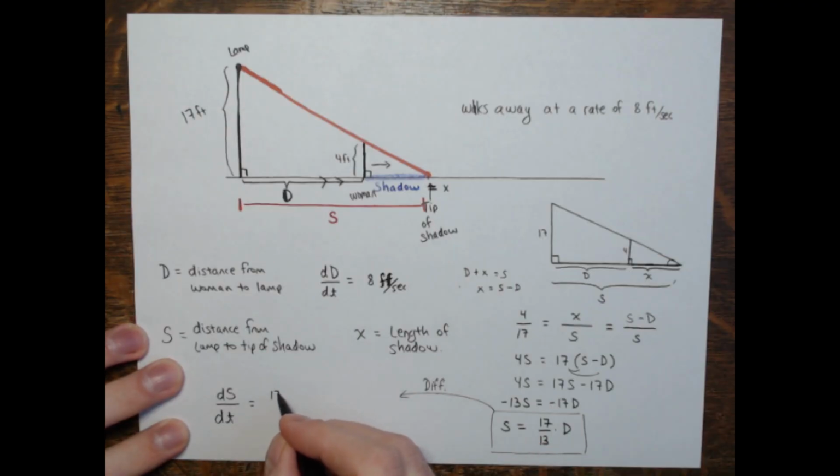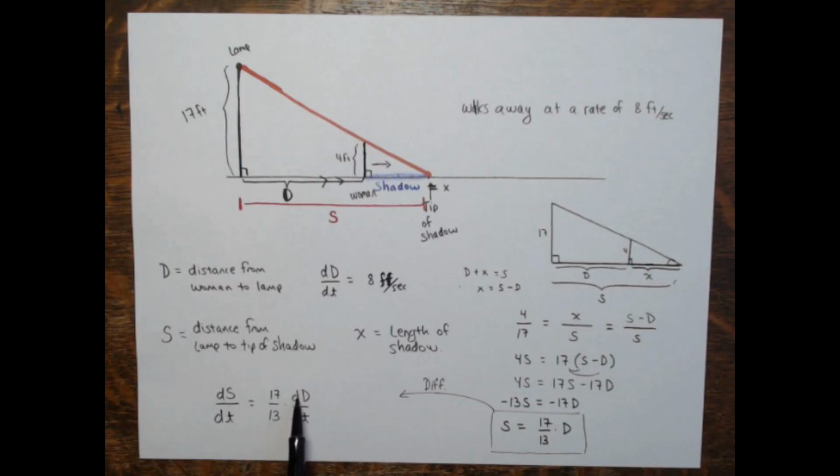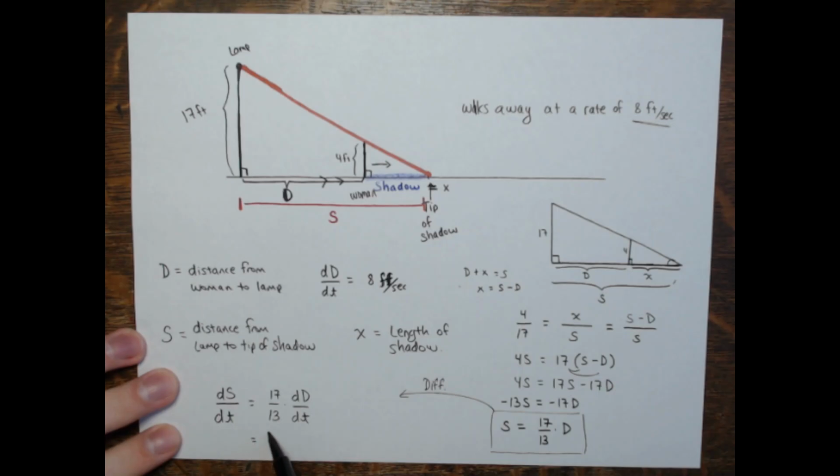It should be equal to 17/13 times the derivative of d with respect to time. So the speed at which the tip of her shadow is moving away from the pole should be 17/13 times the speed at which she is moving away from the pole, and we were told this was 8 feet per second.